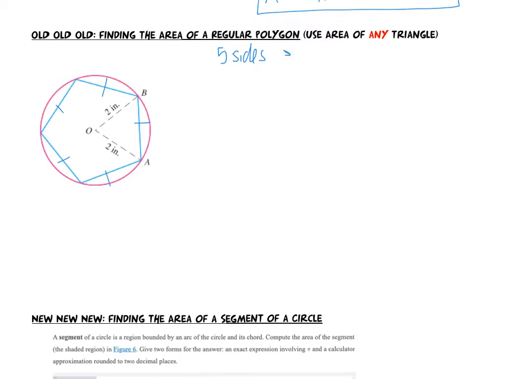which means you have to realize that the whole circle is 360 divided into 5 different triangles. So this is one triangle here, we have another triangle here, and we keep going. Now for the sake of this, I'm just going to show the one triangle so we don't get confused.